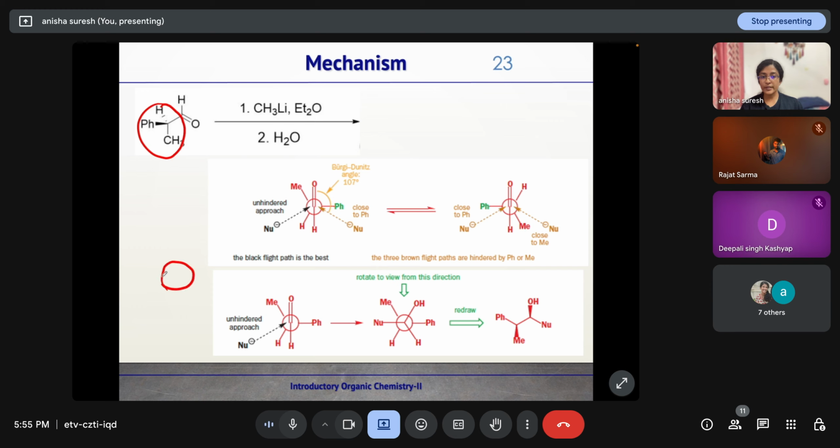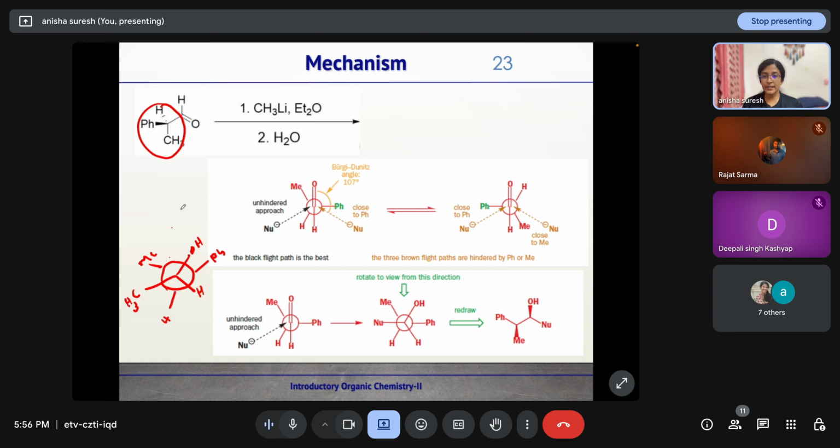So if we draw OH, H, CH3, and here methyl, phenyl, and hydrogen.